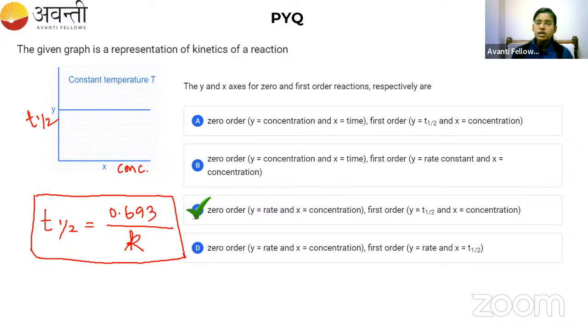So whatever might be the concentration, the t half is going to remain the same. So we'll get a graph like this. Whether you increase or decrease the concentration, the t half is independent of the initial concentration of the reactant for first order. So this graph is for the information given in option C. So option C is the correct answer.